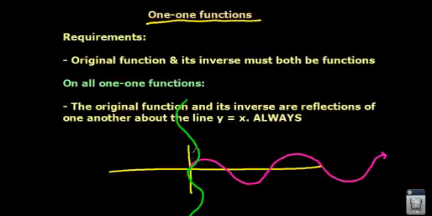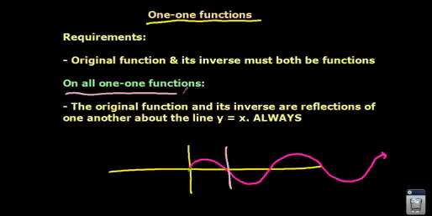Okay, that's a really bad drawing. But what you're going to notice is that it does not pass the vertical line test. So sine and its inverse don't meet the one-to-one requirement, so sine is not actually a one-to-one function.